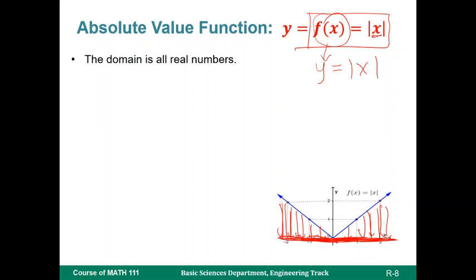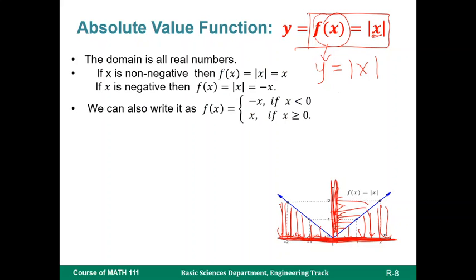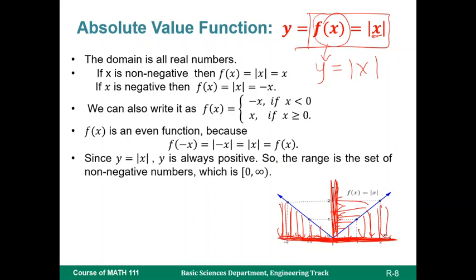So you say the domain is all real numbers. And when you take the projection onto the y-axis, you see the range is all positive numbers and 0. So the range is the set of all non-negative numbers, which means 0 to infinity.